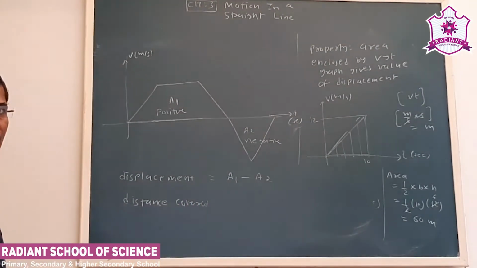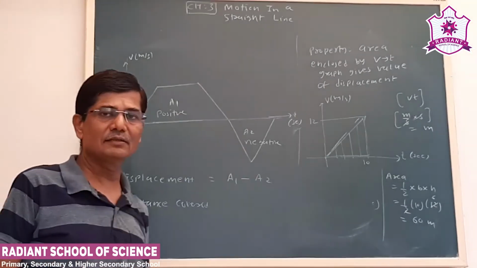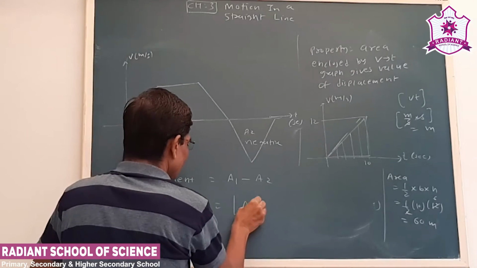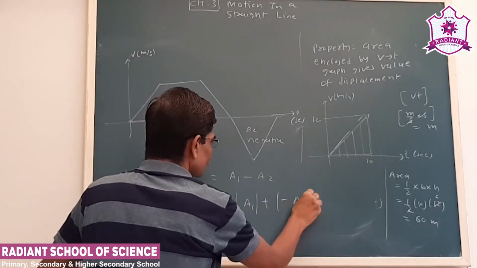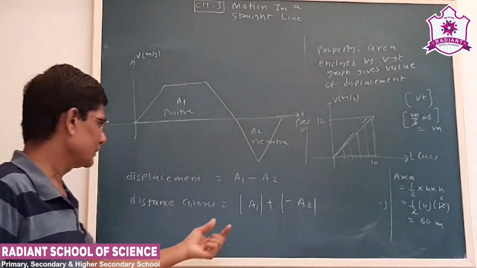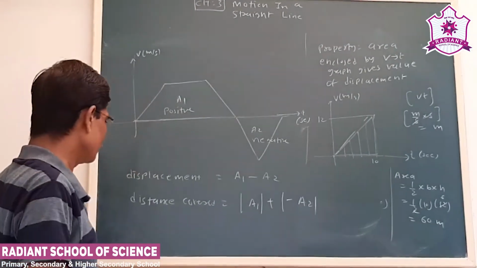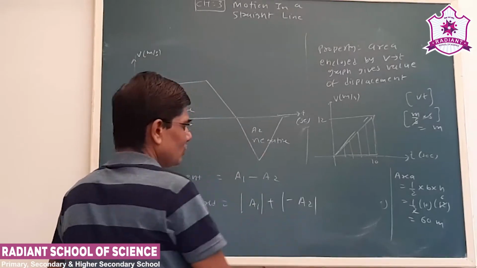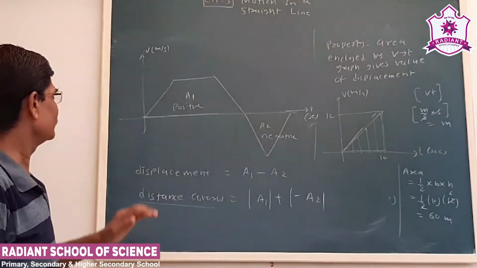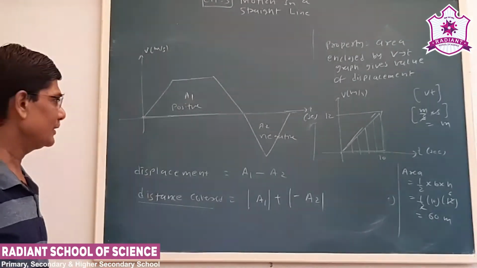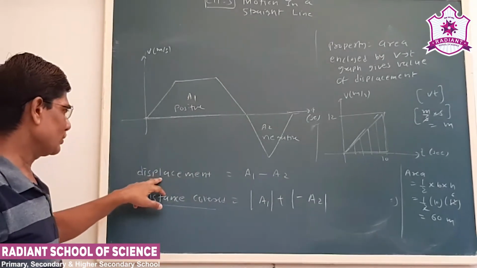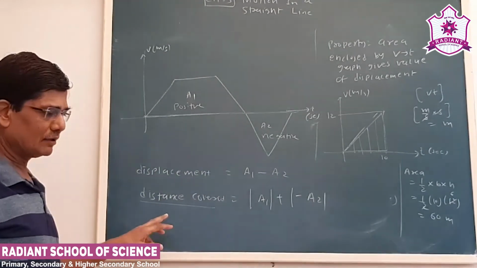Distance is the magnitude of the displacement, so if we take the modulus of the negative area, it turns out to be a positive value. Then A1 plus A2 will give the value of distance. So by taking positive and negative respectively, we can calculate displacement and distance covered.